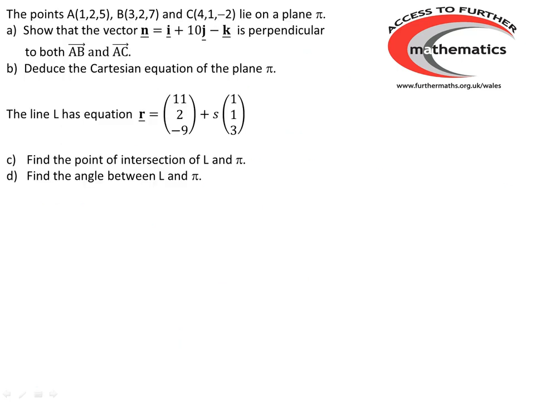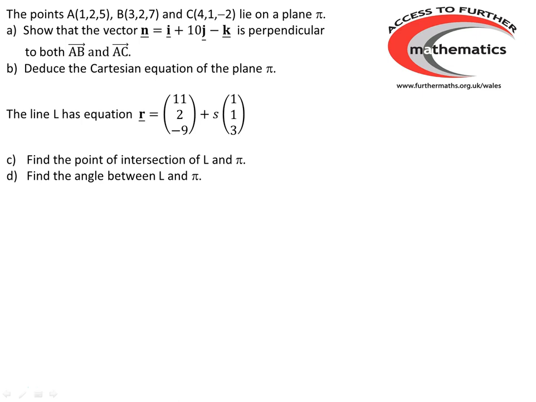So let's now move on to a second example. We have the points A, B and C, where A is 1, 2, 5, B is 3, 2, 7, and C is 4, 1, minus 2, lie on a plane.